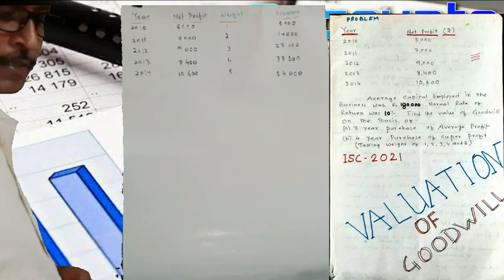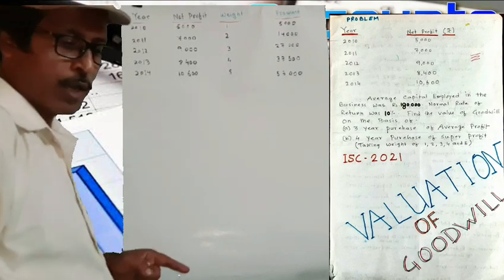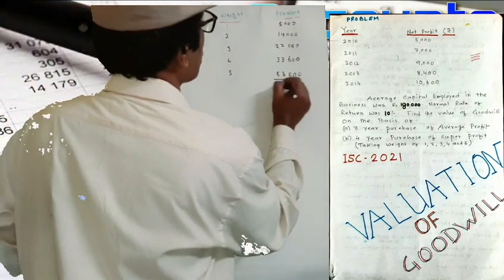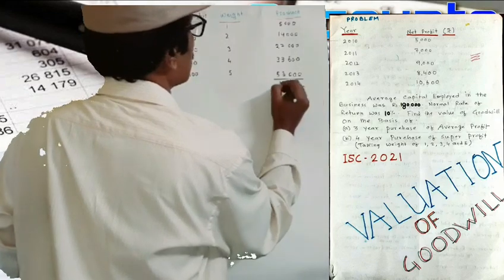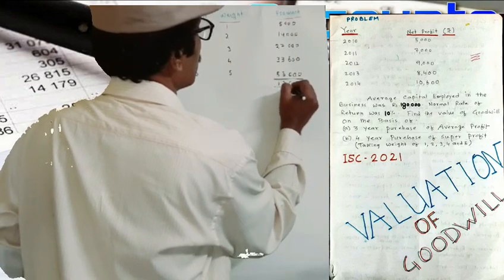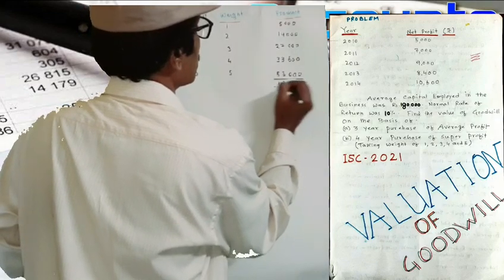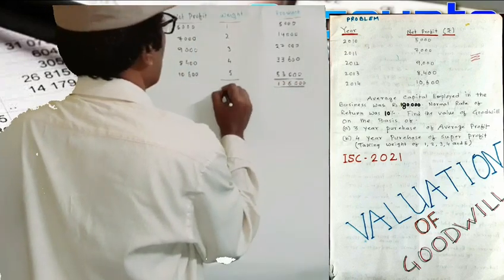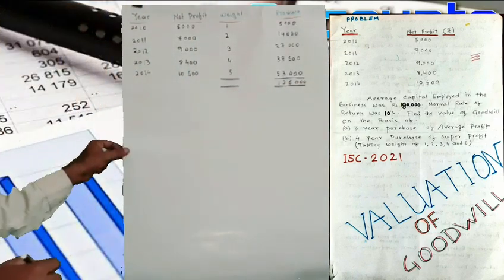Next, take the sum of the product and the sum of the weight.